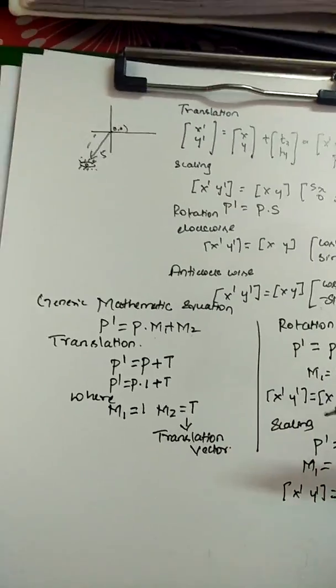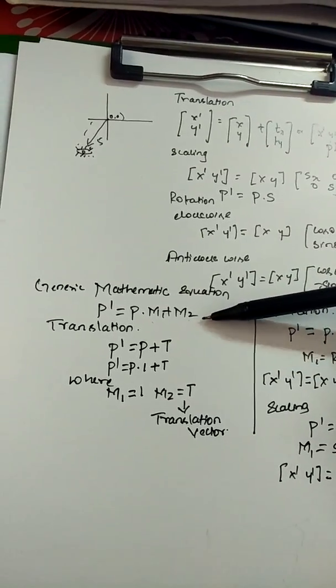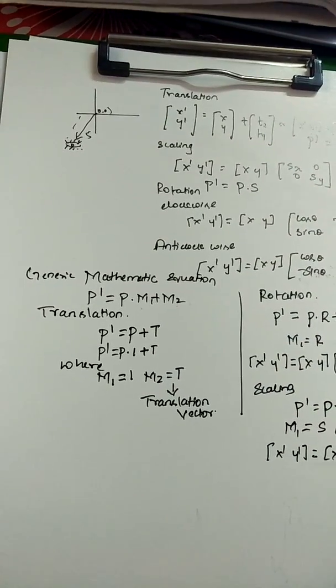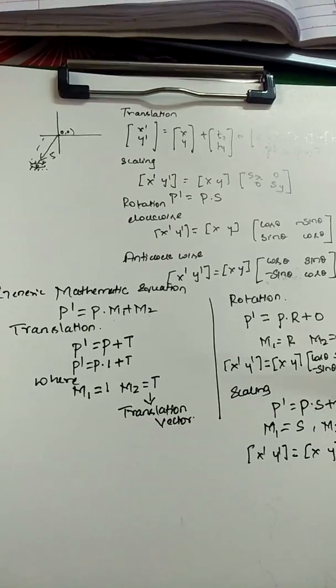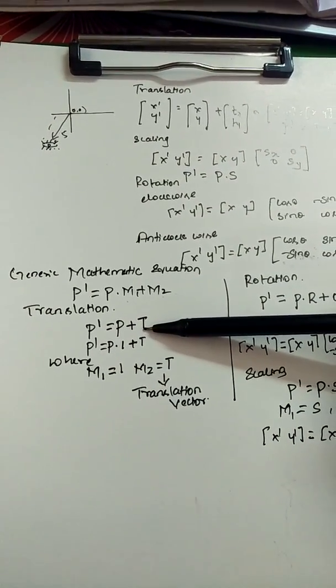So when we take any geometric transformation, we can make use of this generic mathematical equation in order to perform the operation. So p dash is p plus t. That's how it is generally defined.